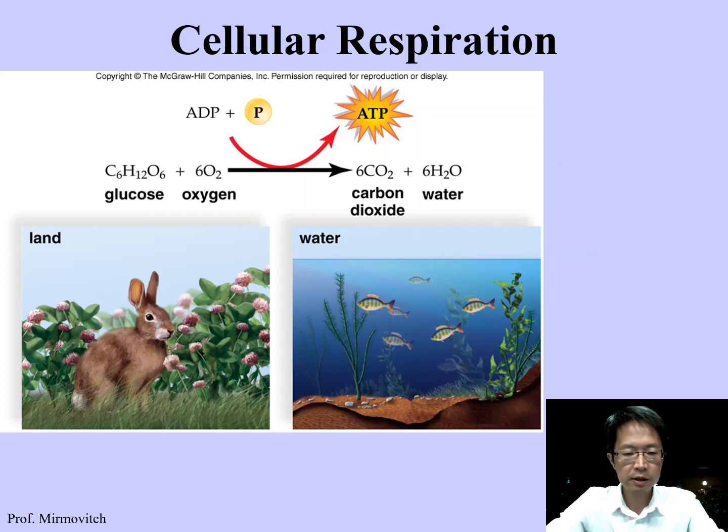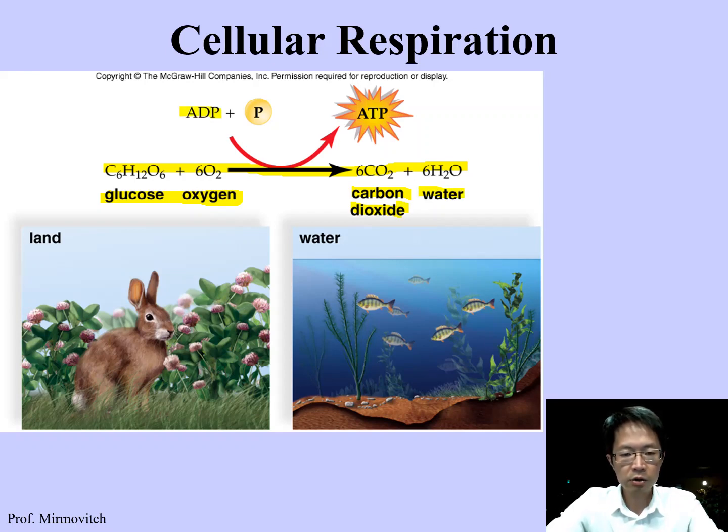So this is the overall equation I want you to memorize. And yes, you need to memorize. C6H12O6 is glucose. Glucose plus 6 oxygen becomes 6 carbon dioxide and 6 water. It's something that I want you to remember.